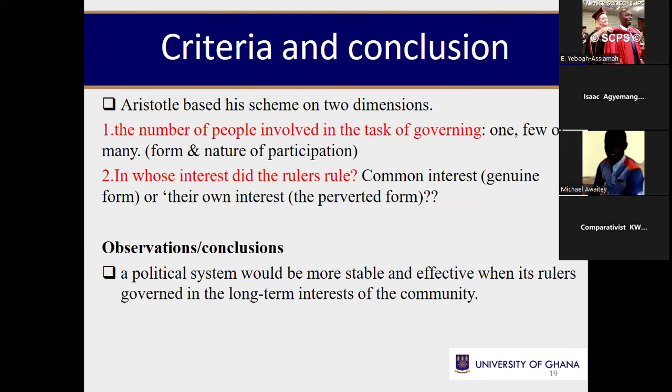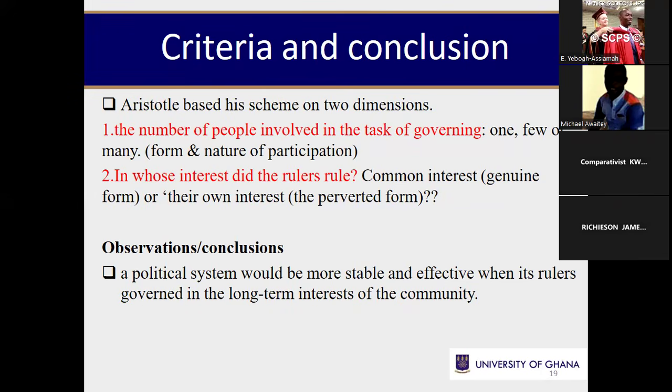Then another criteria or dimension was in whose interest did the rulers rule? In city-state 1, in whose interest was the ruler ruling? Was he ruling in his own interest, or in the people's interest? Now, if they were ruling in the common interest, Aristotle calls it the genuine form.